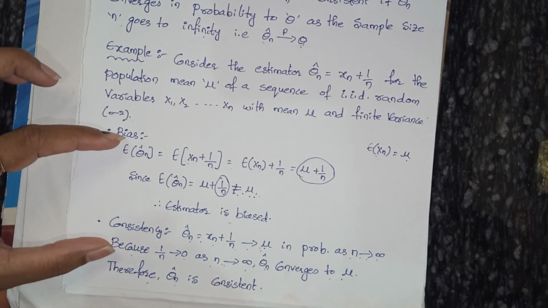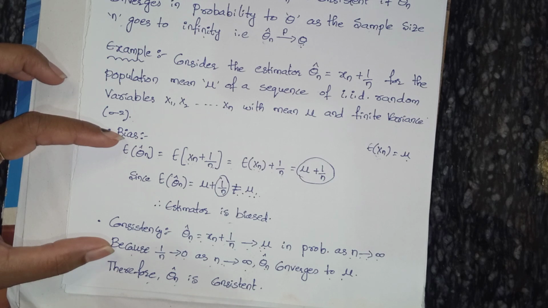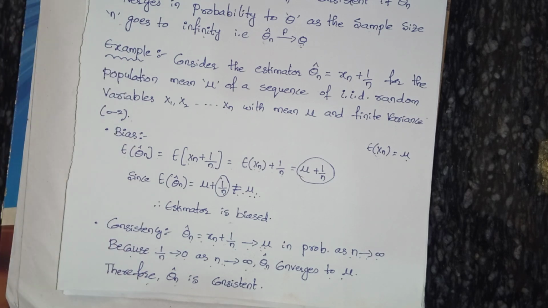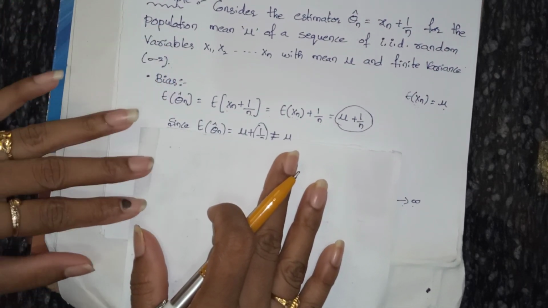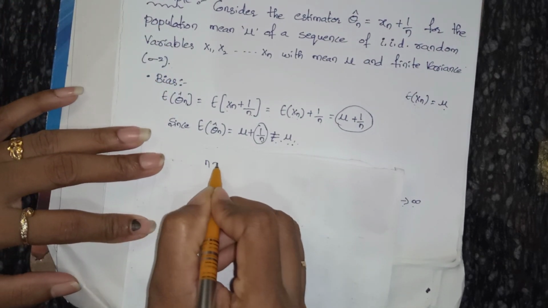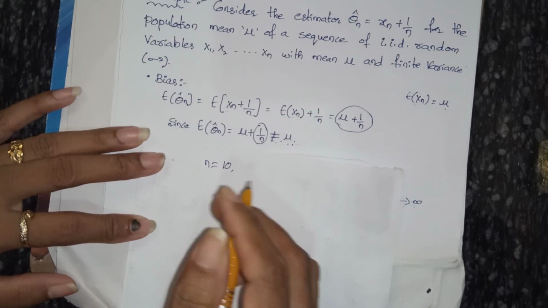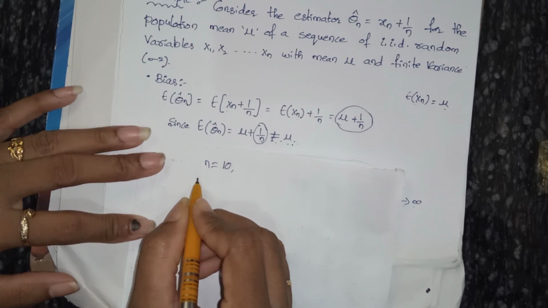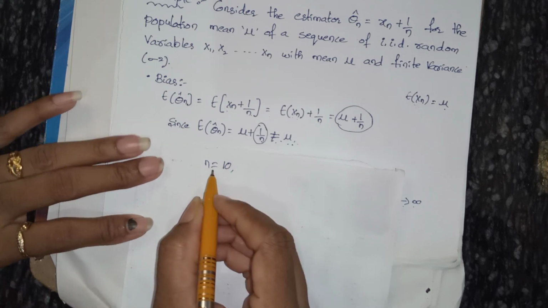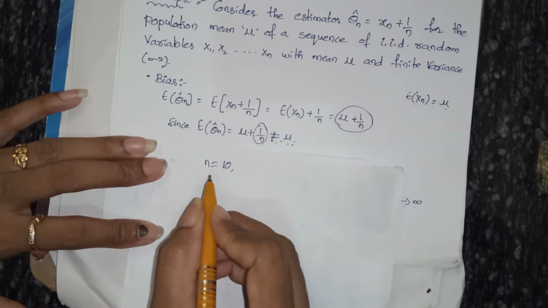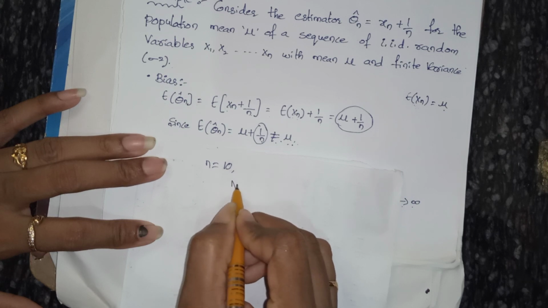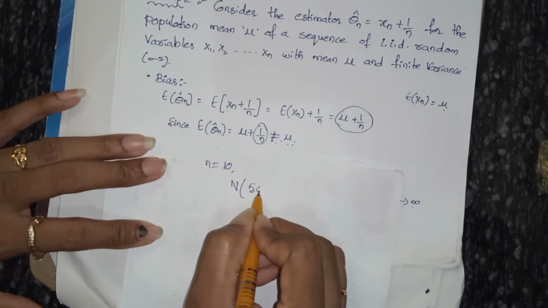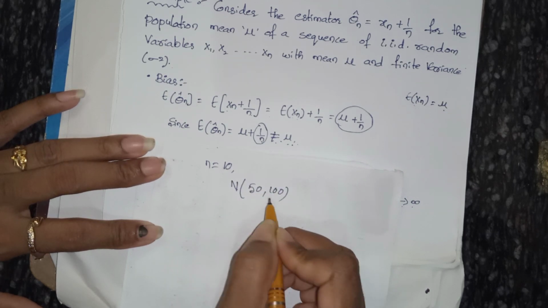So this one I'll explain by taking a numerical value so that you will understand. See here, we'll prove it. For example, I am taking n equals 10 or 100, whatever you want you can take, and some samples I have drawn from a normal population with mean 50 and variance 100.